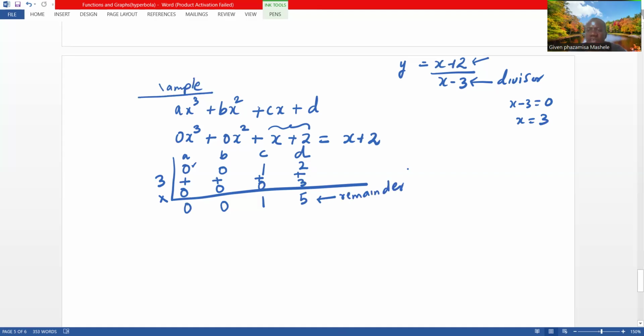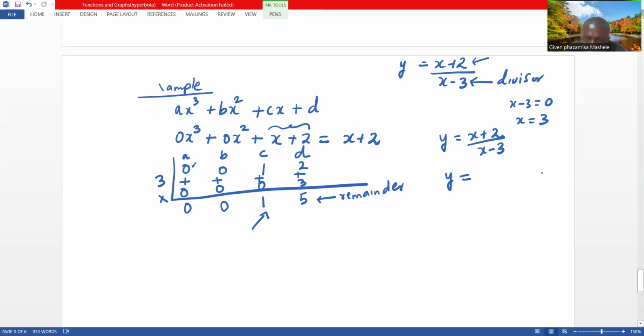And since this is the remainder, then from y equals x plus 2 divided by x minus 3, listen to me very well. x minus 3 goes how many times into x plus 2? It goes once. And what is the remainder?